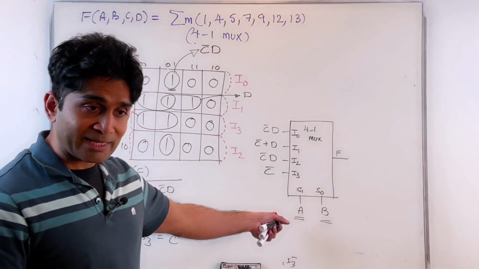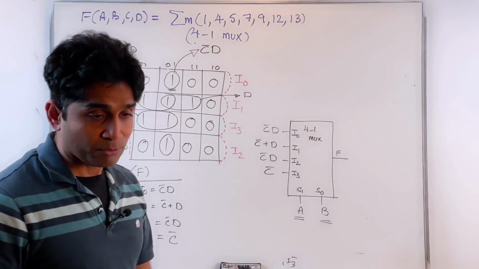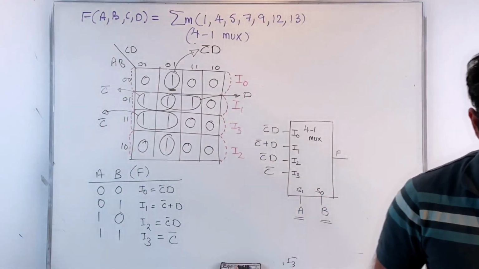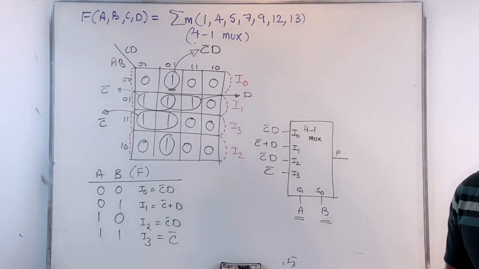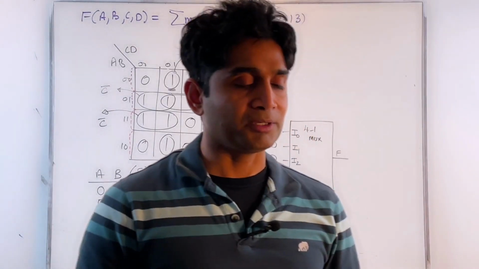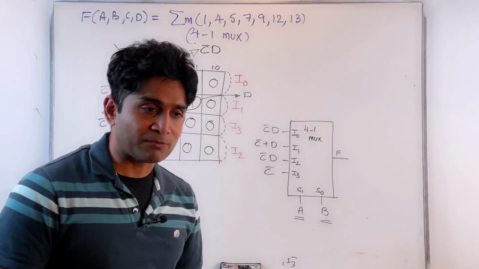Are you using more gates or fewer gates? And you will realize that what you select as your selector inputs really matters, because that determines the complexity of your final circuit, in terms of how many external gates you need to realize the final circuit.